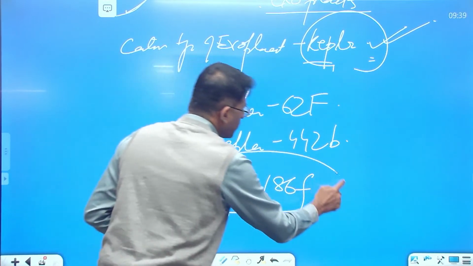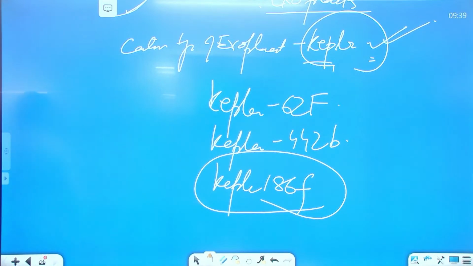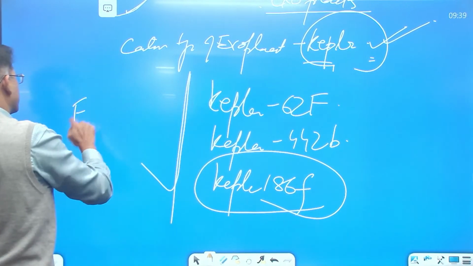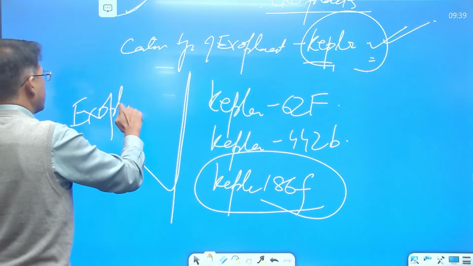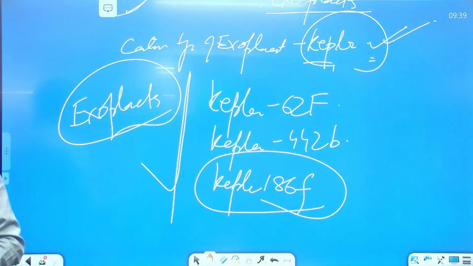This is the best one to have life. Kepler 186f is considered to be the best one where life is possible. And all of these, remember, are exoplanets. The planets outside our solar system.